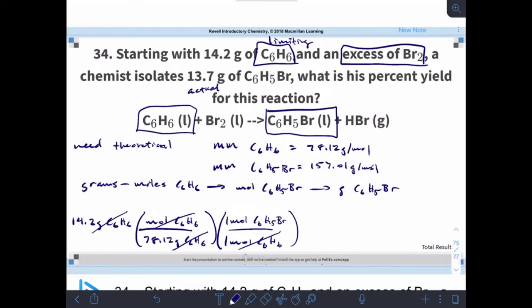But in order to calculate my percent yield, I need grams. Okay, so I'm going to convert moles of C6H5Br to grams. I'm going to put grams on top so that they stay, and moles on the bottom so that they cancel out.